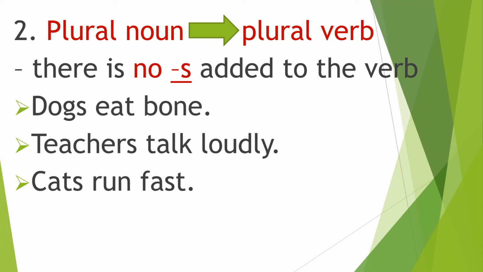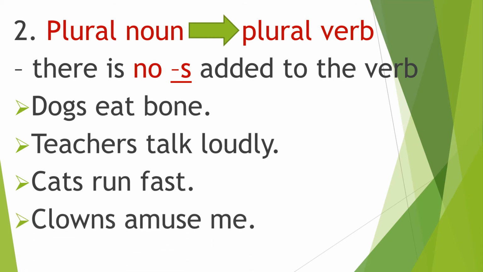Cats in the sentence is a subject, plural noun, and the verb here is run, which is in plural form also. Last example we have here is clowns amuse me. Now it's very easy. Subject here is clowns, which is in plural form, plural noun and the verb here is amuse, which is in plural form.